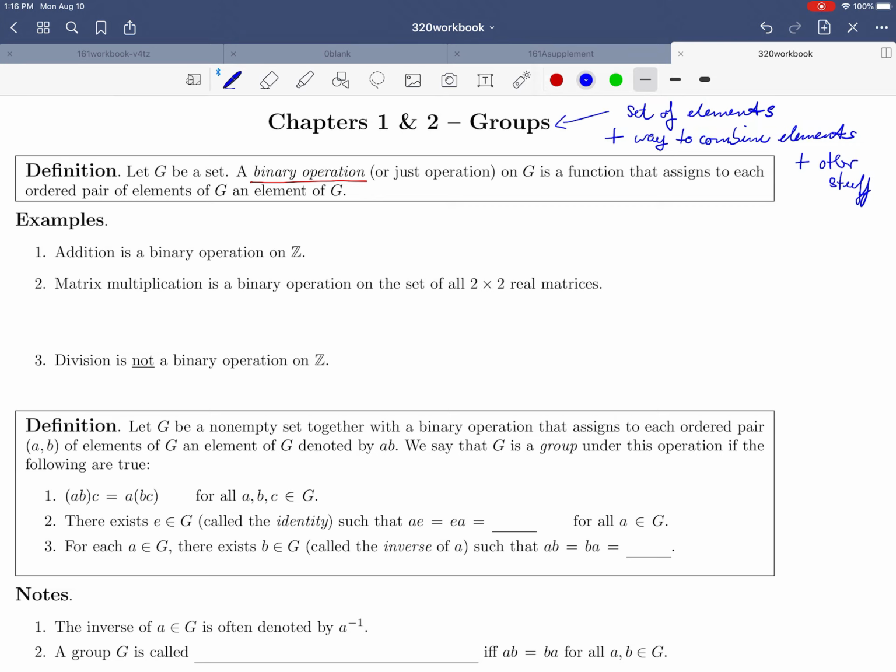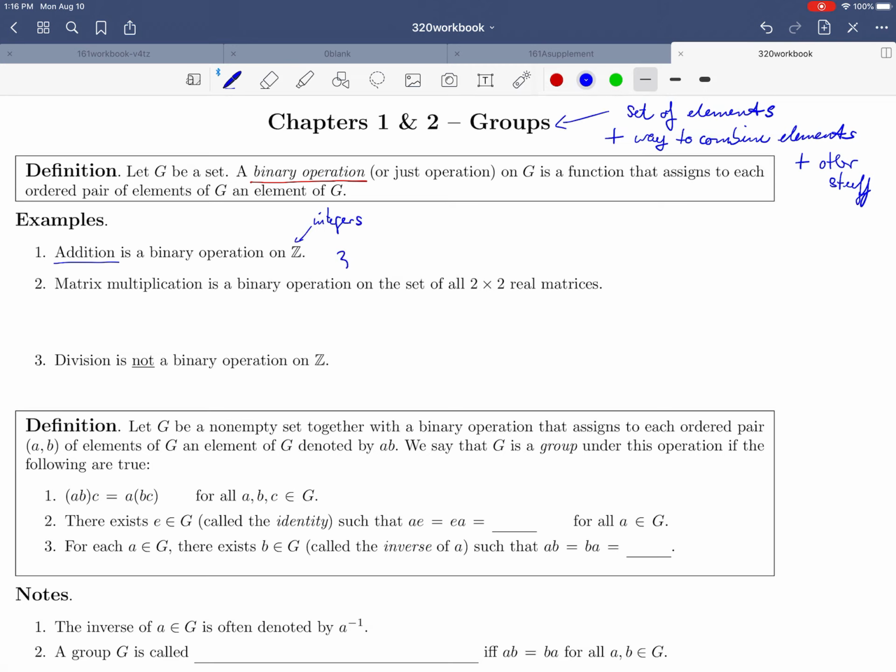Let's look at examples right away just to be able to visualize what's going on here. So our very first example is one that's very familiar to us, and that is addition is a binary operation on the set of integers. So Z is a set of integers, and addition is a binary operation.